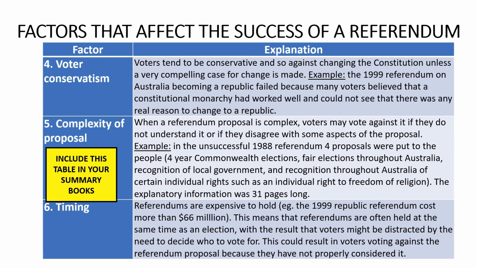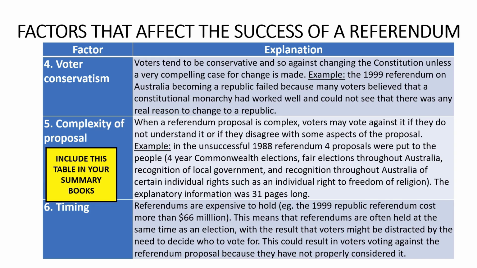The explanatory booklet that was published by the Australian Electoral Commission was 31 pages long, and so it is likely that many voters voted against these changes simply because they were too complex for the voters to understand, or because they disagreed with just some of the changes, even if they agreed with others of the changes that were being proposed.